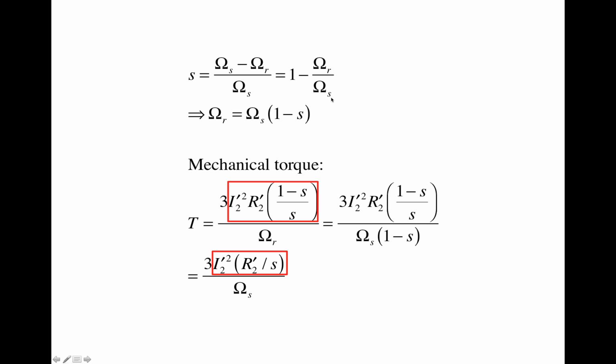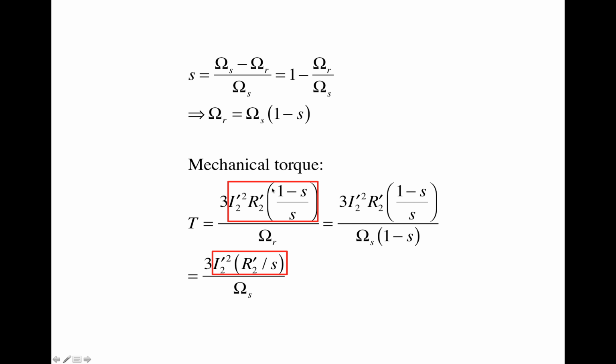So omega r equals 1 subtract s, and then multiply omega s, the synchronous speed. So here we have an expression for the angular speed of the rotor, expressed using the synchronous speed capital omega s and the slip s.